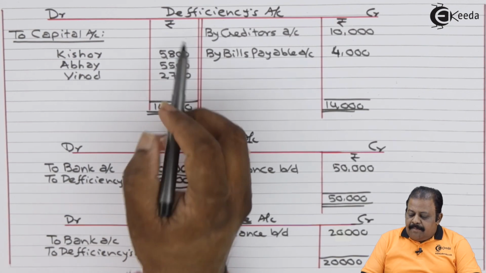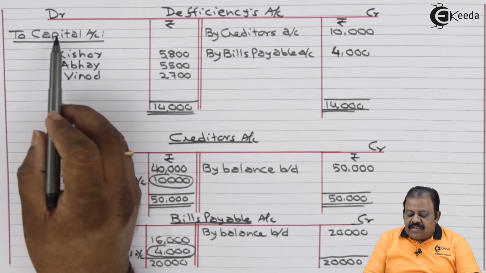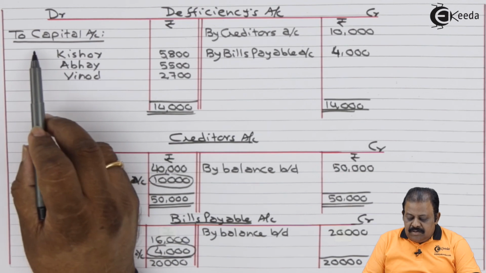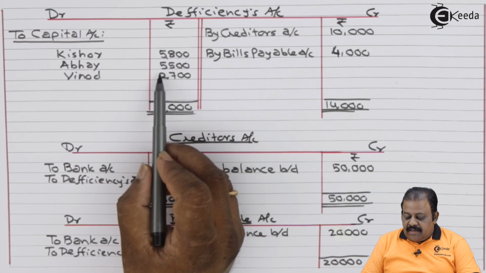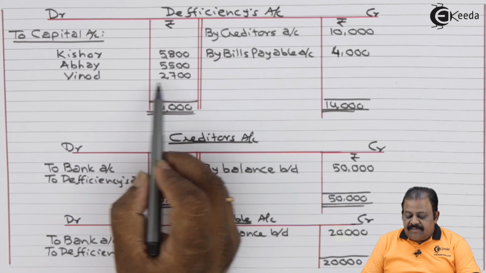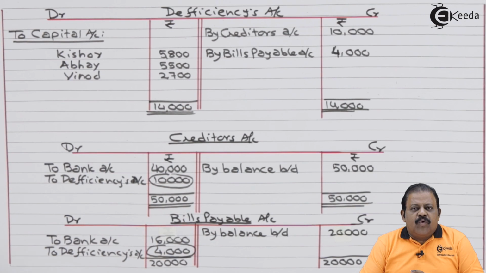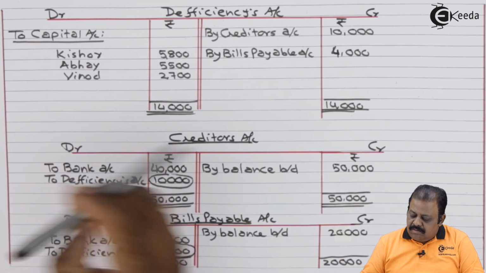Balance of partners capital account transferred to deficiencies account on debit side to capital of Kishore, Abhay, Vinod 5,800, 5,500, 2,700. Now finally we'll be closing deficiencies account.